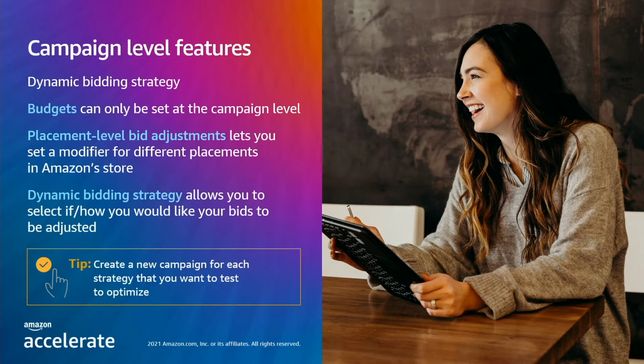This feature allows you to let Amazon either raise and lower or only lower your bid based on likelihood of conversion. This can be changed at any time and is a great feature to help you bid more competitively or double down to try to get more impressions, clicks, and hopefully sales. We will be covering each of those in more depth within our bids and budgets section.